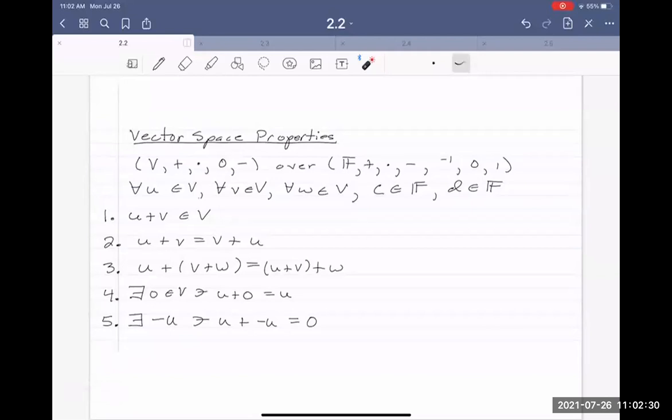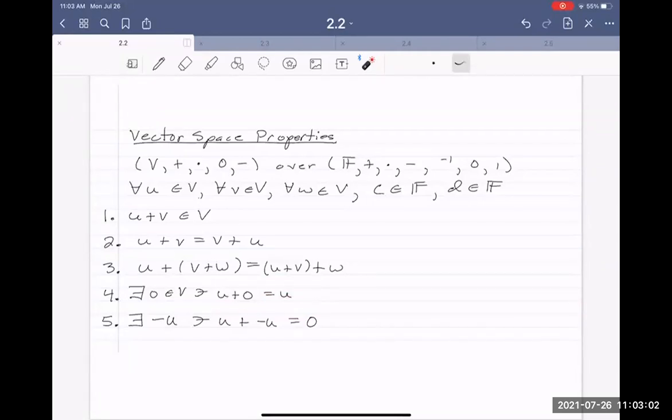We have the existence of an additive identity for vector addition. And so I have the zero vector. There exists 0 in the set V such that u plus the additive identity is the original vector u.